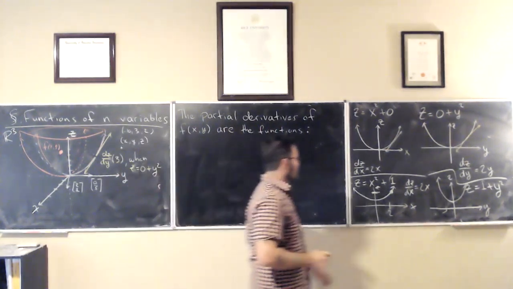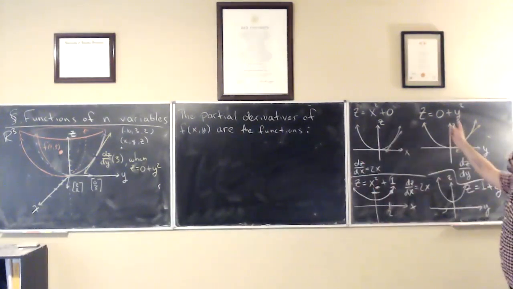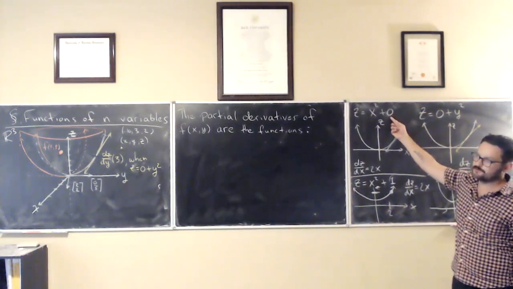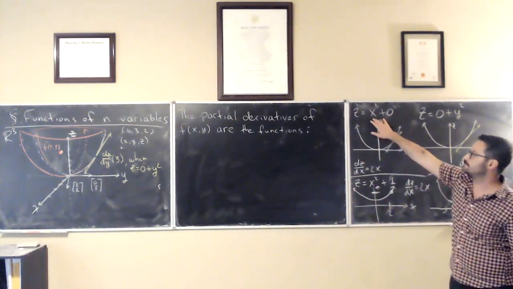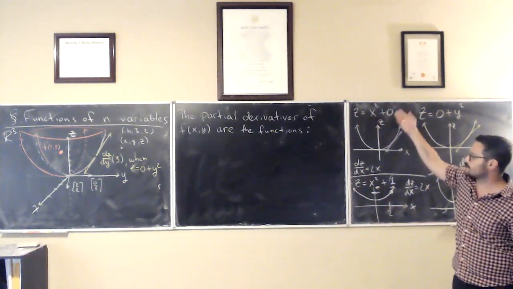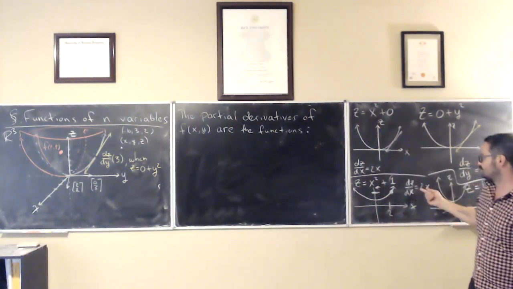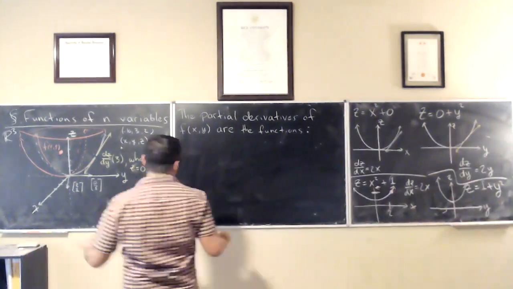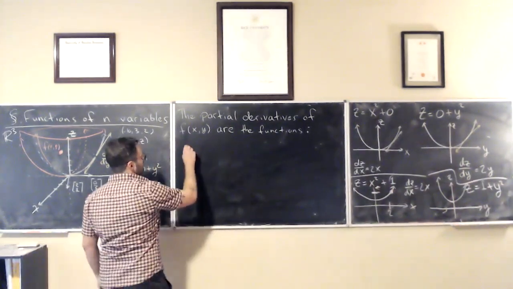So notice over here that whenever we fixed the other variable and took the derivative with respect to the other variable, those constants just went away. We have the same derivative with respect to x every time. Well, we just have to do that formally and write it out.